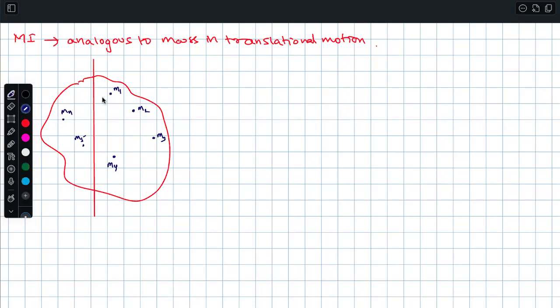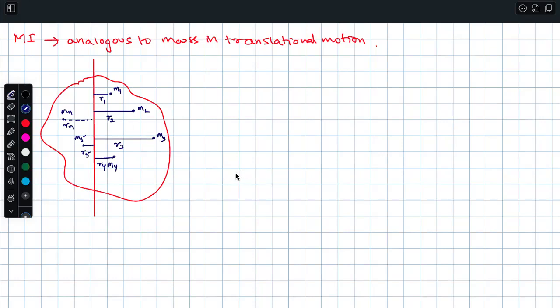M1 is at a perpendicular distance of R1, perpendicular meaning with respect to the axis. And M3, R3, M4, R4, M5, R5, Mn, Rn.